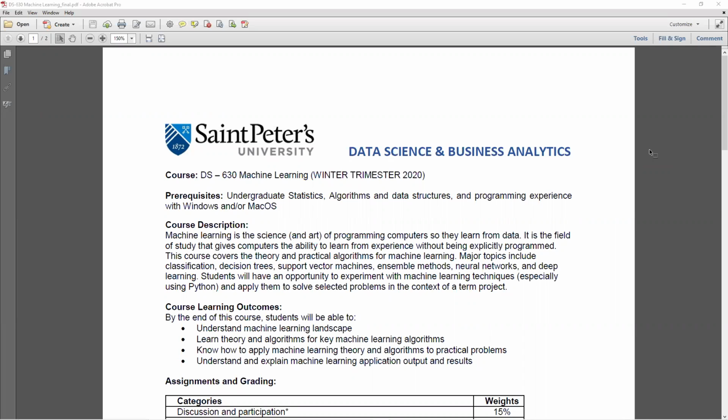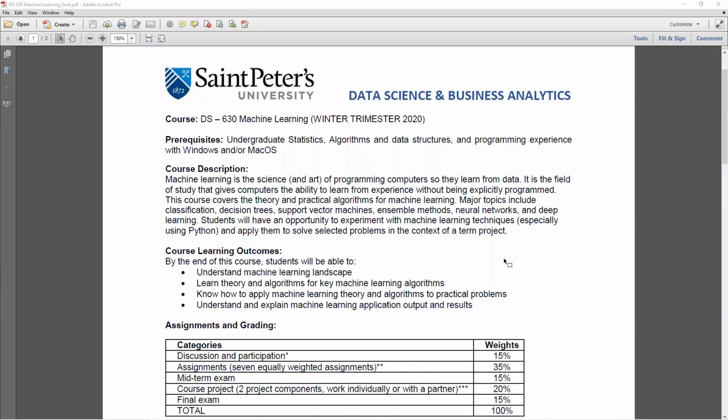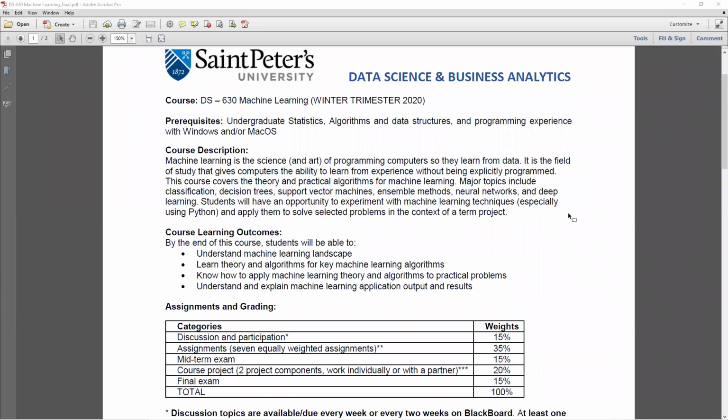The first thing you should be aware of is that you should have some understanding of statistics, algorithms, and data structures. Ideally, you should have programming experience previously, either in Windows or Mac operating systems. One thing you should be aware of, we're going to use Python.